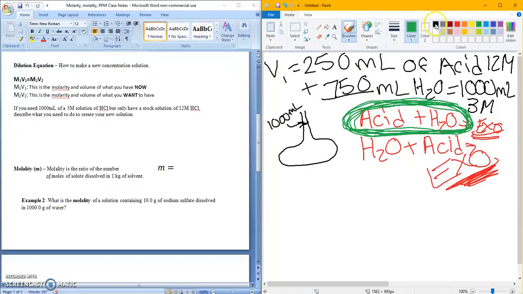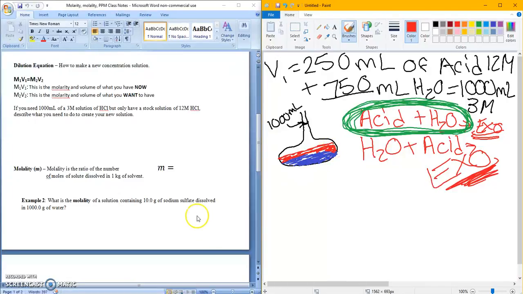Alright, so now that I've got that out of the way, I'm going to put some water into the bottom of my volumetric flask so that I can add my acid to water and not water to acid. So we're going to put some water in there. Then I'm going to take a graduated cylinder and measure out 250 milliliters of water and pour that in there.